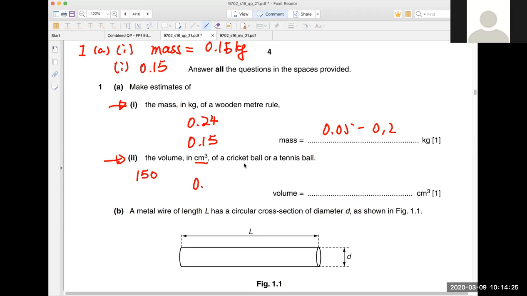You can't guess it? You don't have that sense? I think the radius may be around 3 centimeters. Why is this a question? It's legit just guessing. Just make estimates.